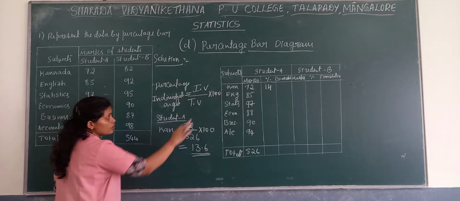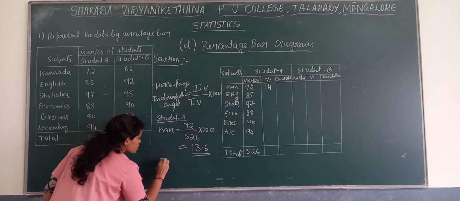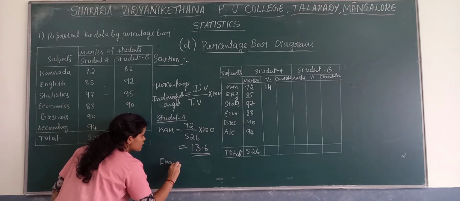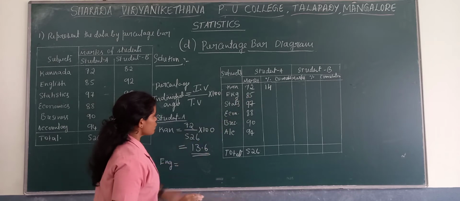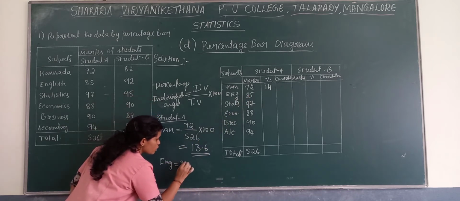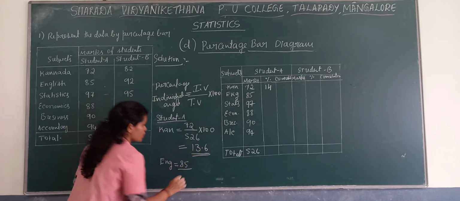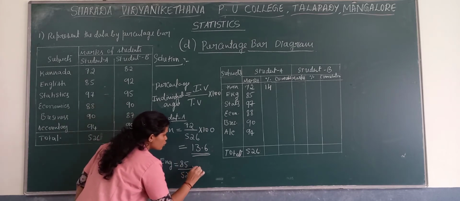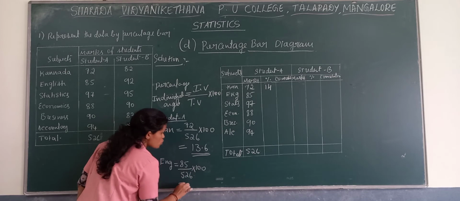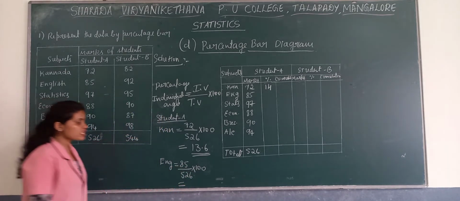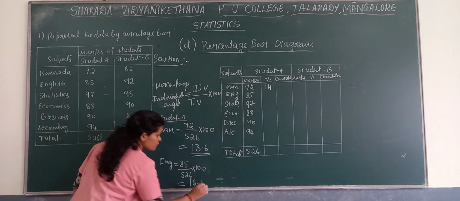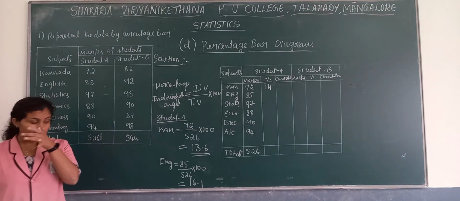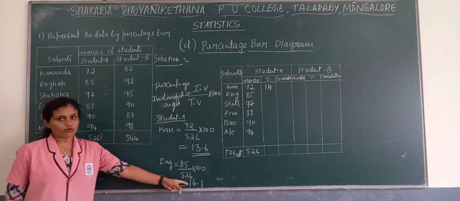Then for the second one, I'll show one more calculation. Next it is for English. The individual value 85 divided by 526 into 100. There we get 16.1. So we need to make a round figure.